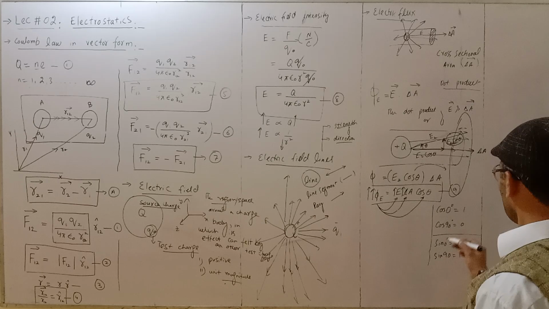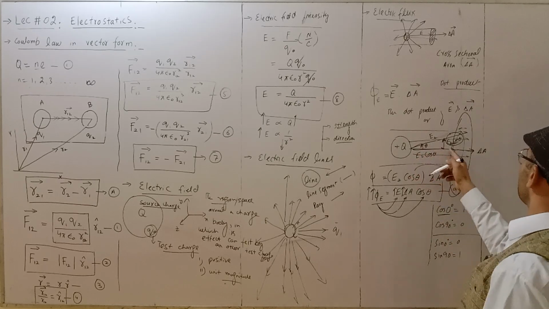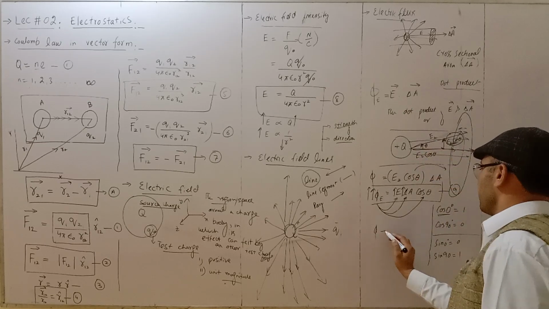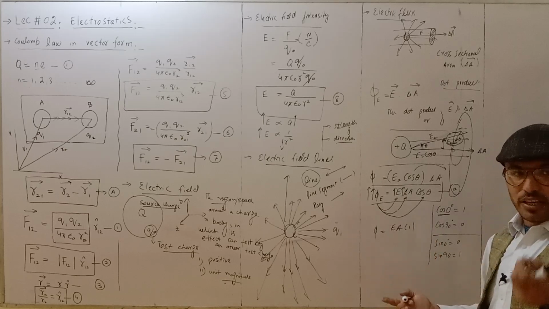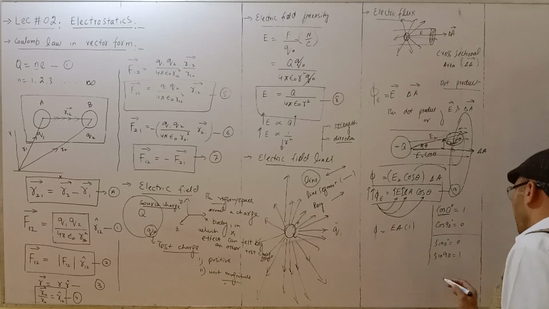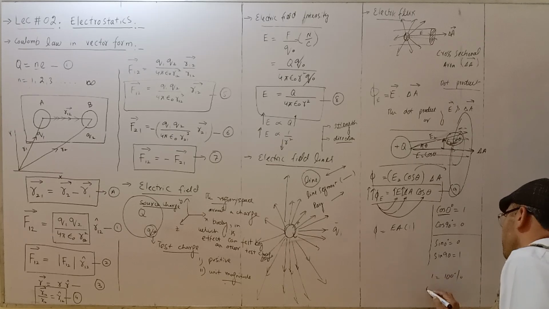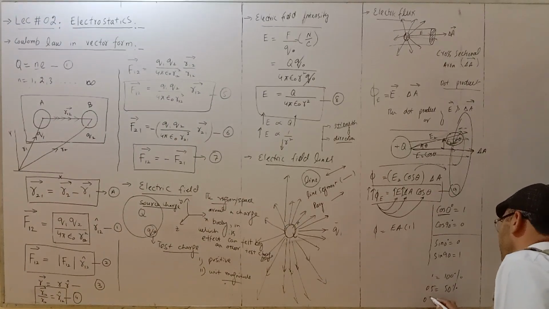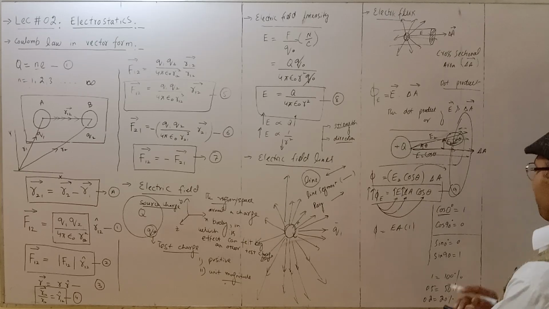So if the angle between electric field intensity and cross-sectional area is 0, then EA into 1 means 100%. In physics, 1 means 100%, 0.5 means 50%, 0.2 means 20%, and 0 means 0%.